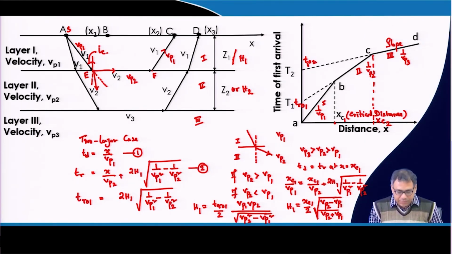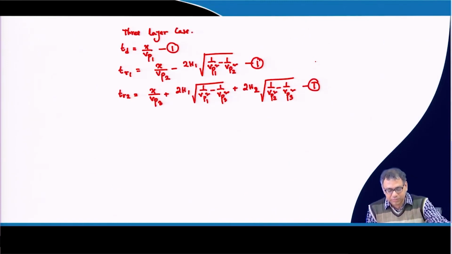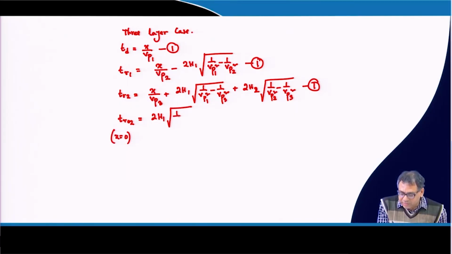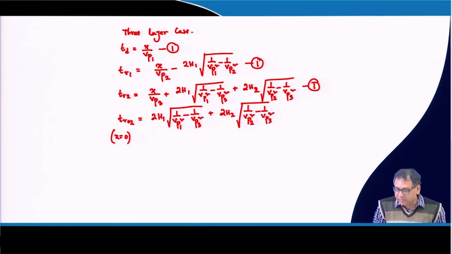Now, if I put x equal to 0 in Tr2, I will get Tr02 equal to 2 H1 root over 1 by Vp1 square minus 1 by Vp3 square, plus 2 H2 root over 1 by Vp2 square minus 1 by Vp3 square.